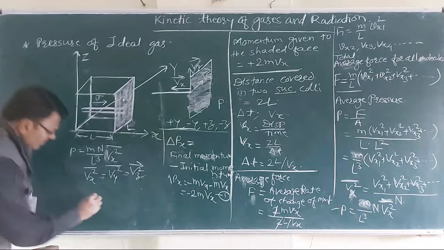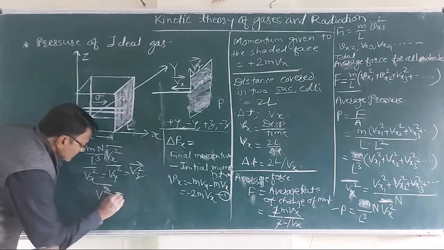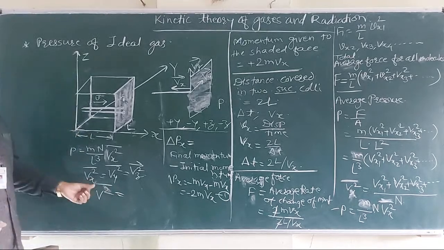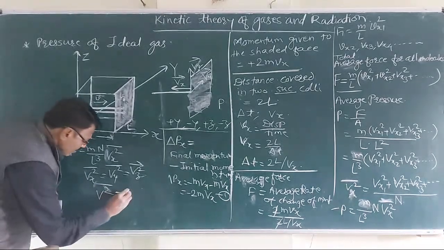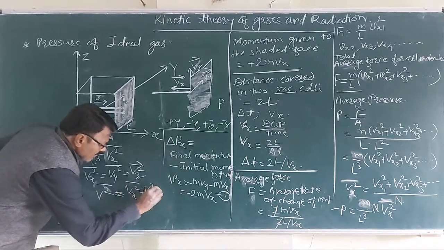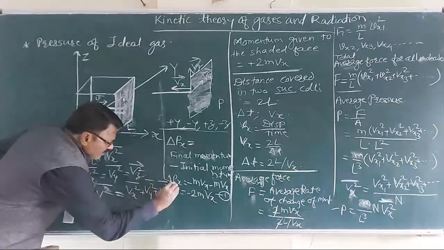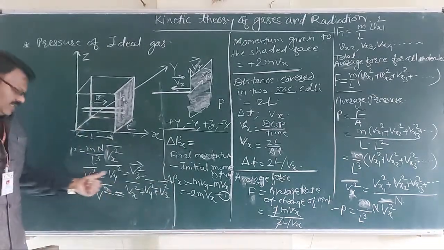But we know V square bar, the average velocity, is equal to Vx square bar plus Vy square bar plus Vz square bar. But all these are the same.